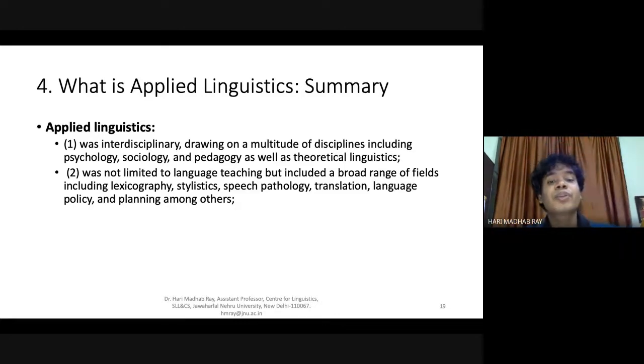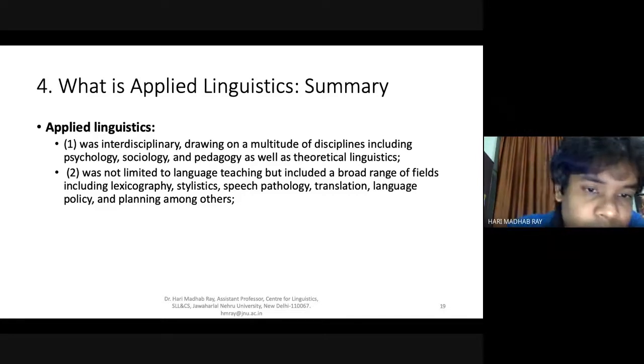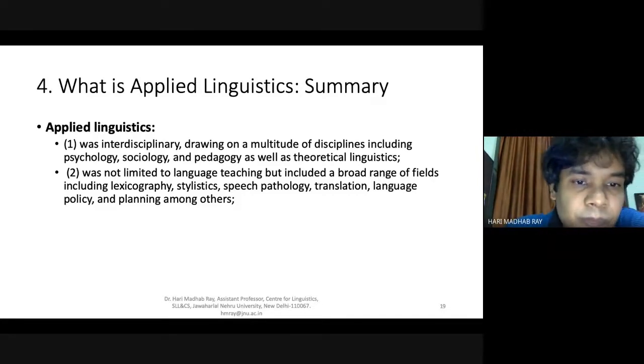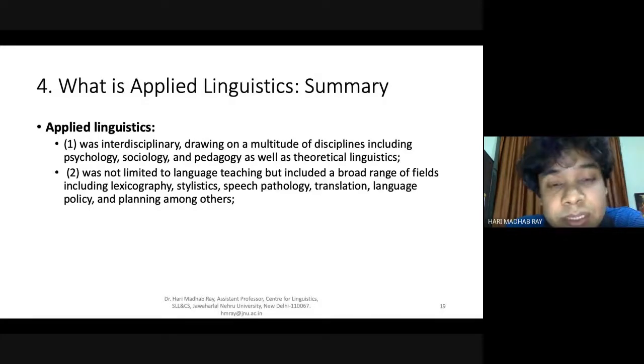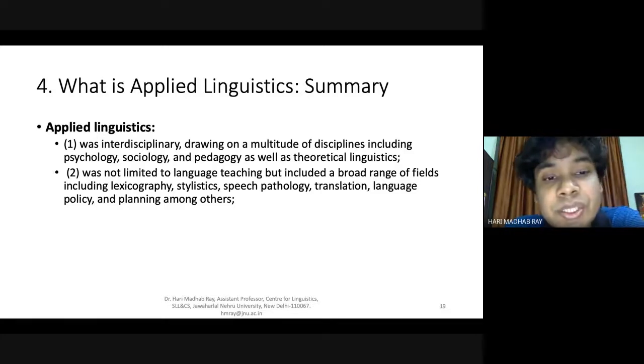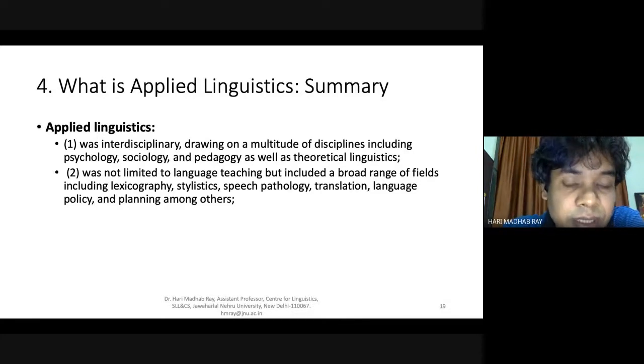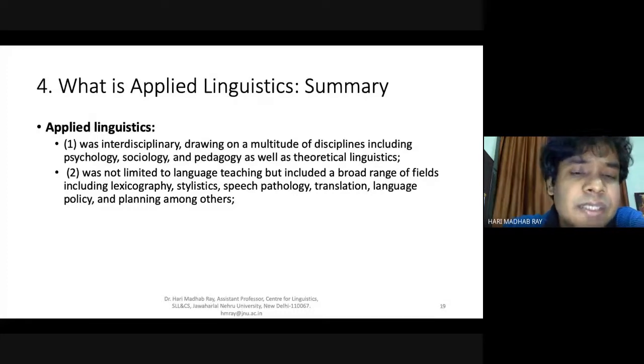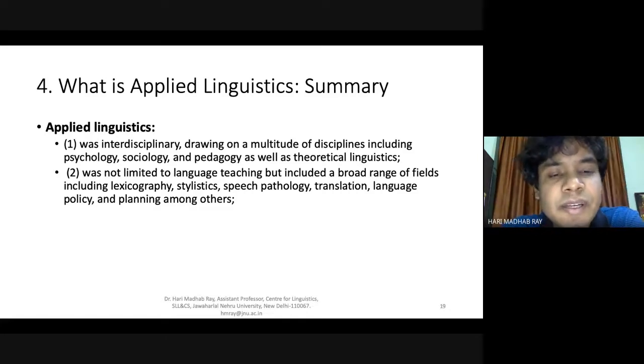Lexicography, if you remember, is basically the art of writing or compiling a dictionary, whether it's a monolingual, bilingual, trilingual, or multilingual dictionary. Nowadays even dictionary making is so easy. Earlier, it was a very challenging, very difficult task.